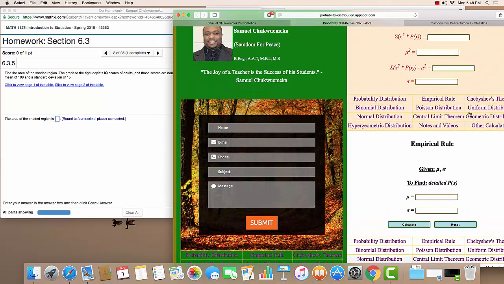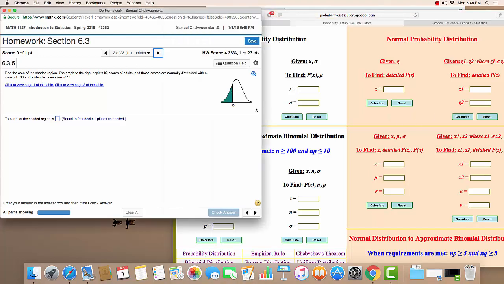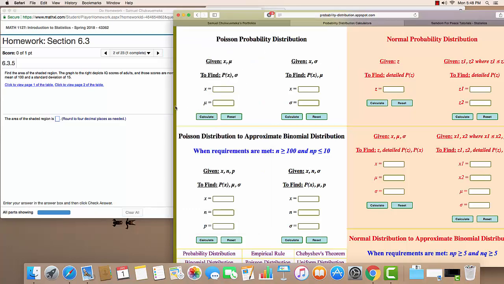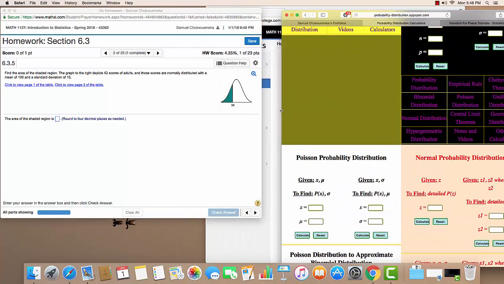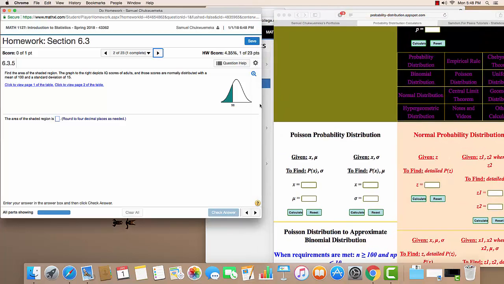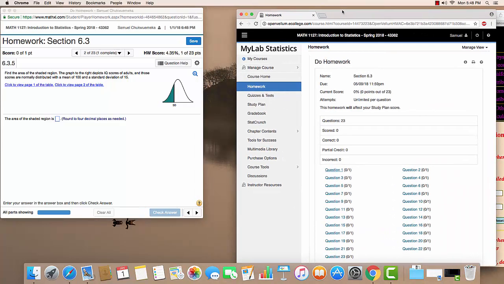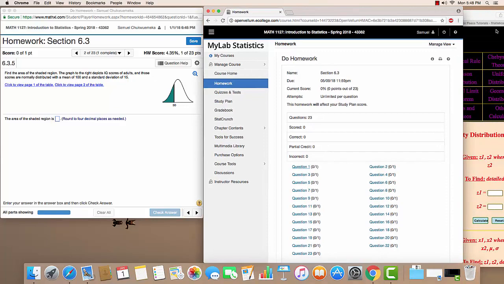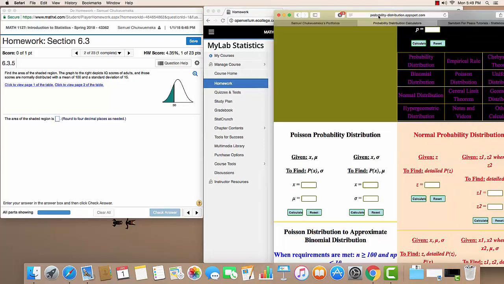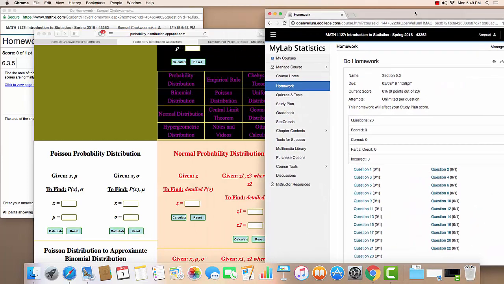That's what I'm going to use. I'm going to click on normal distribution. Let me drag this here a little bit. I want both screens so you can see it.